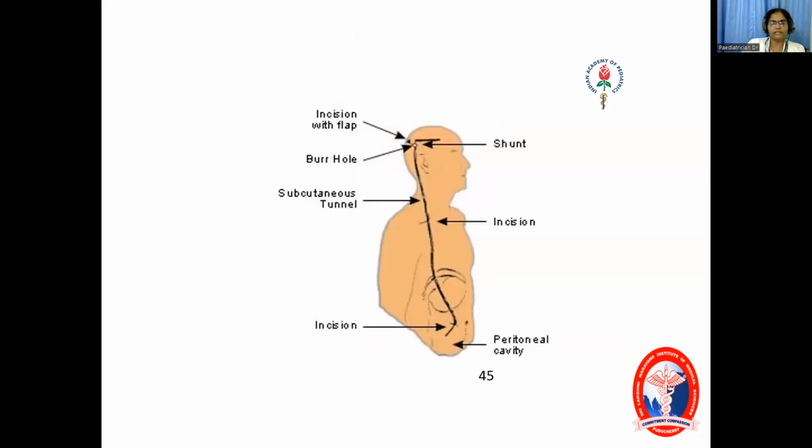Alright. So here is the procedure in short, like how you do an incision with the flap, starting with a burr hole. A subcutaneous tunnel is created after the incision, and then the catheter is placed in the peritoneal cavity.